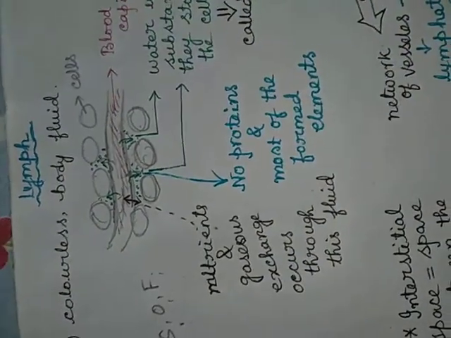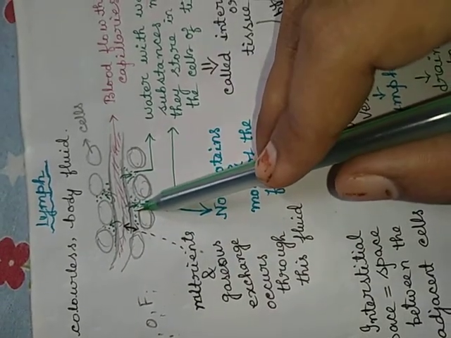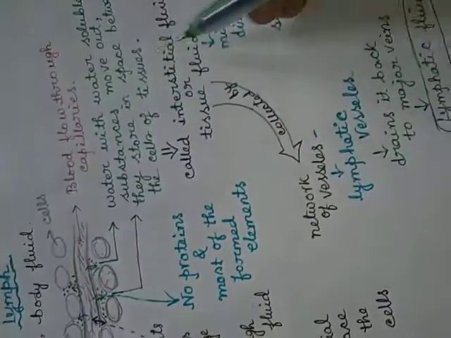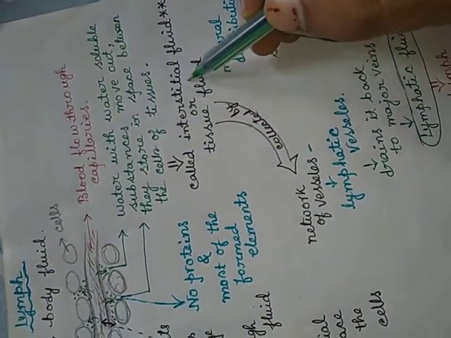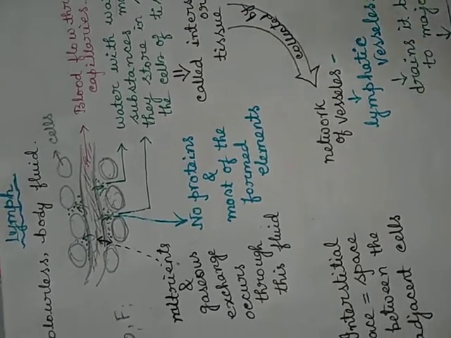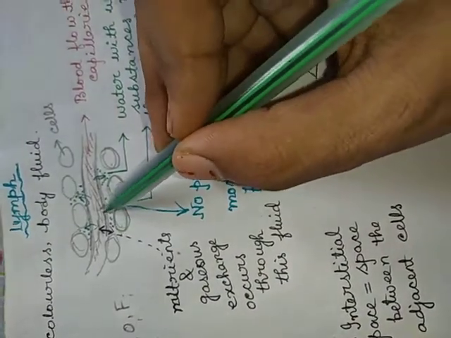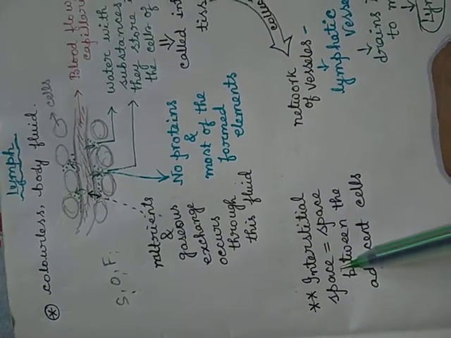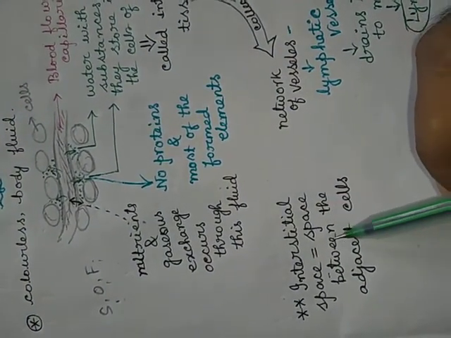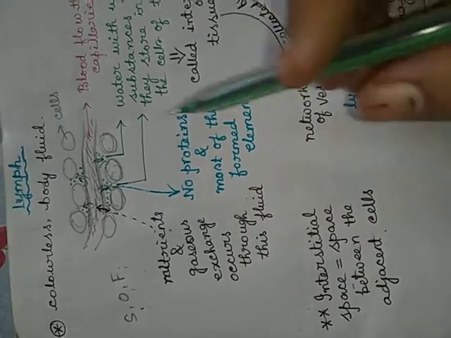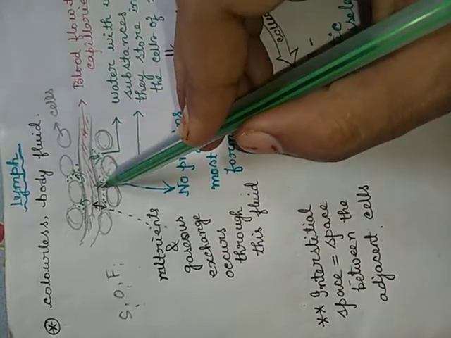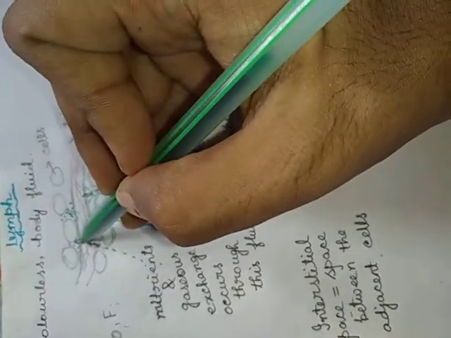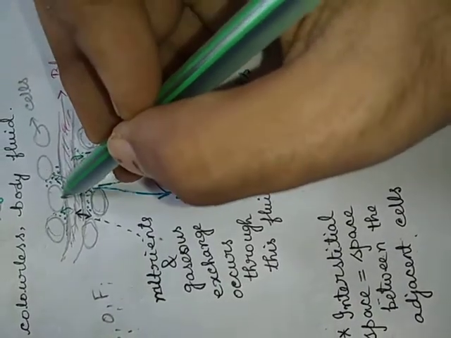This fluid, meaning water with water soluble substances stored in these spaces, is called interstitial fluid. Why is it called interstitial fluid? Because the spaces where these water and water soluble substances are stored are the interstitial spaces, meaning the space just between the adjacent cells.